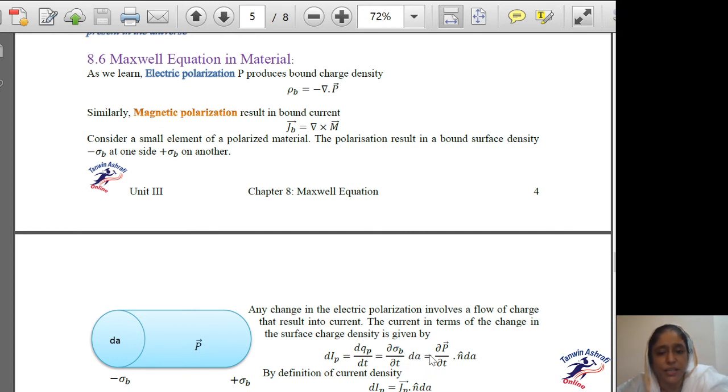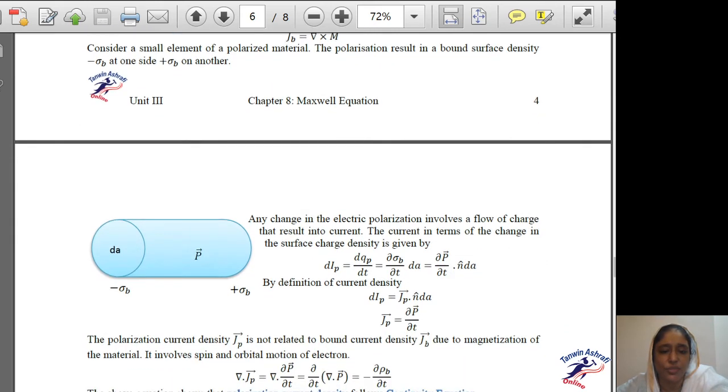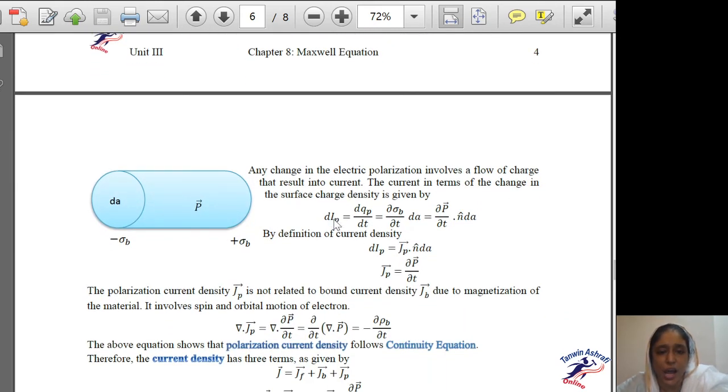Now sigma b, we know, is the vector P dot n cap. By the definition of current density, dIp is equal to Jp dot n cap dA. If we equate these two equations, we get Jp is equal to delta by delta T of the polarization P. The polarization current density Jp is not related to the bound current density Jb. Don't get confused.